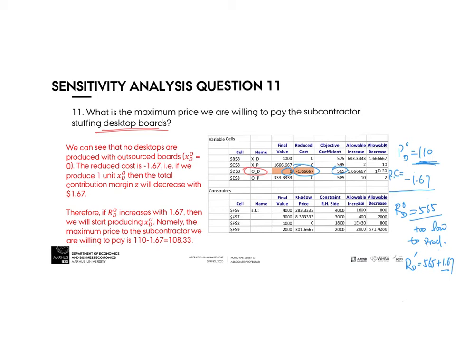This extra 1.67 should come from the price paid to your subcontractor. So the maximum to pay the subcontractor is 110 minus 1.67, which is approximately 108.37.